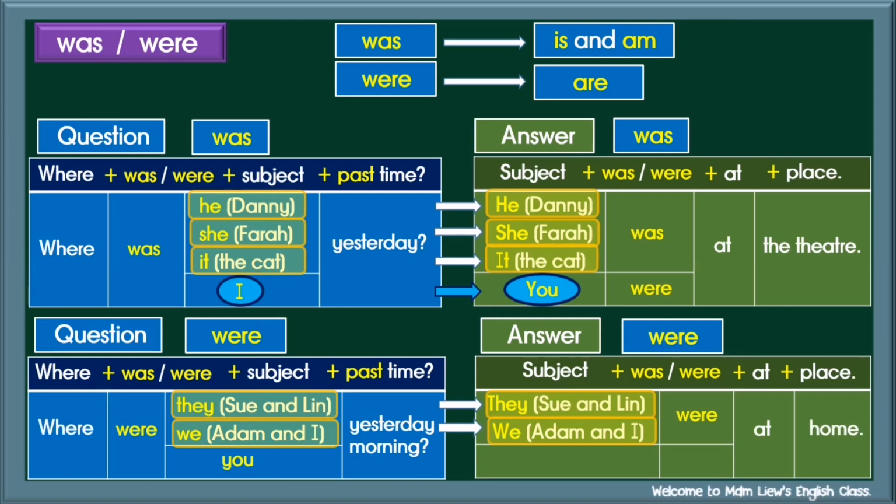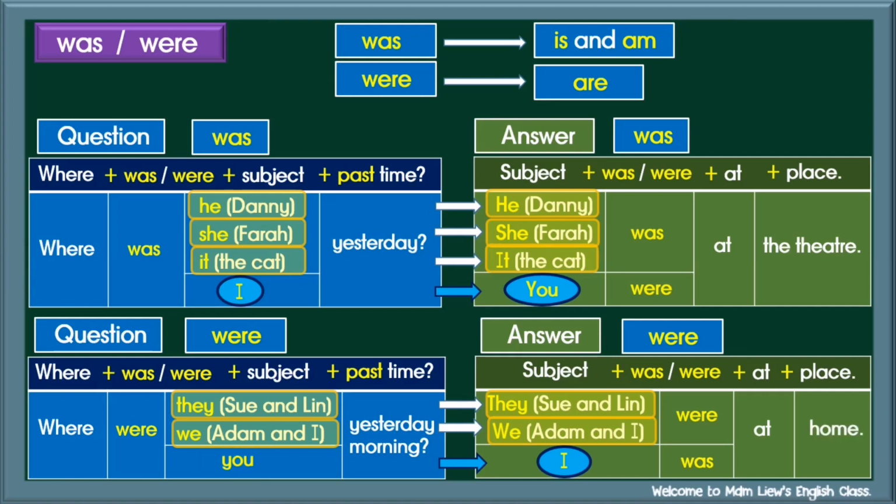3. Where were you yesterday morning? To answer the questions, for special subject you, you need to change you to special subject I, followed by the be verb. For special subject I, you need to use was, then at home.